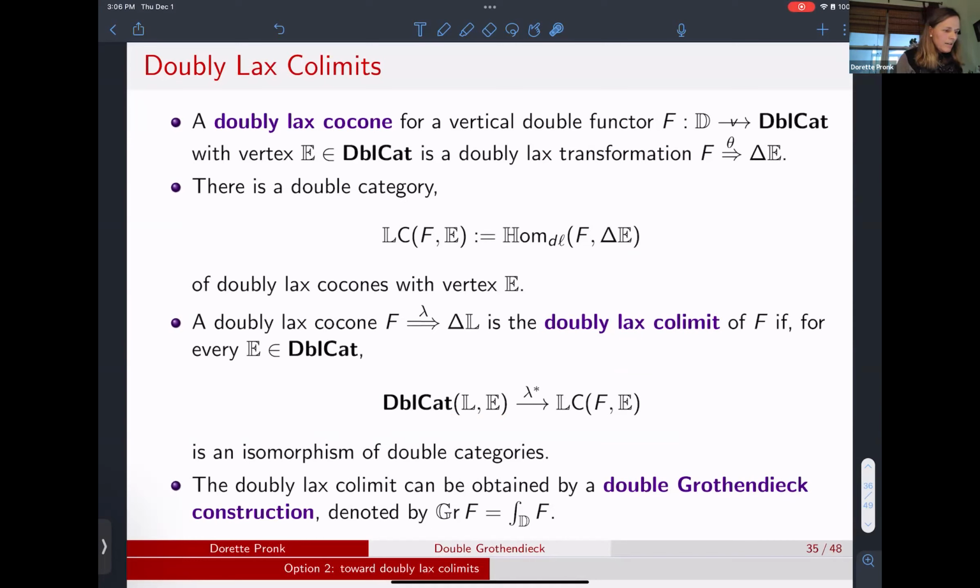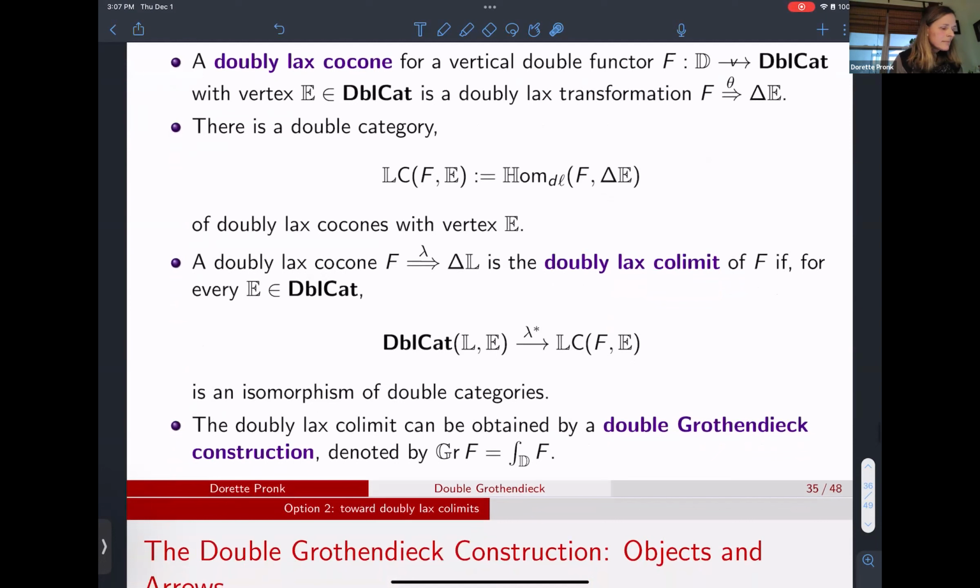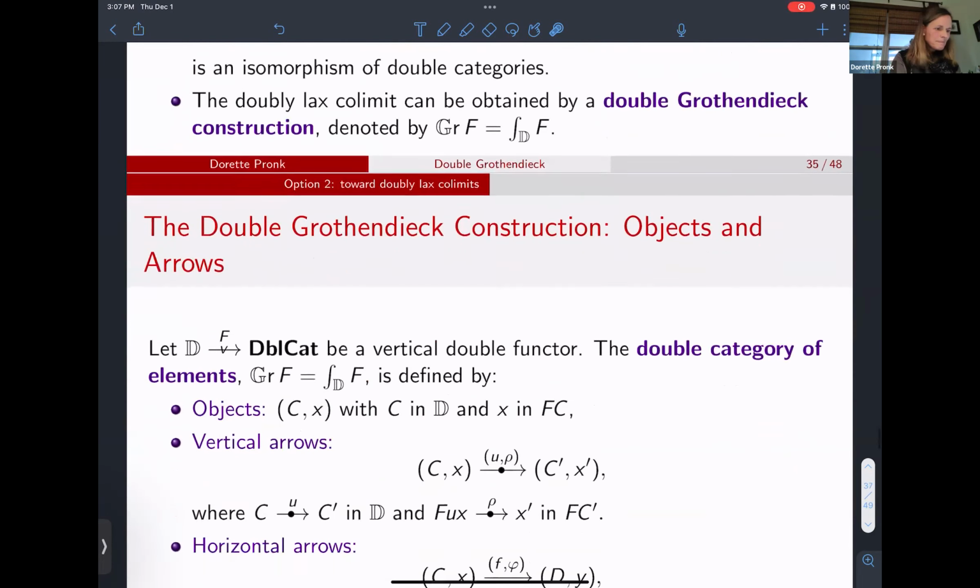And if we have an isomorphism between the HOM from L to E and the induced composed by lambda map into looking at the cones from F to E, sorry. And our claim is now that this doubly lax colimit can be obtained by a new double Grothendieck construction. And to indicate that this is a different one from the other one, I'll call this one GR, where the other one was called elements, just so that we keep the two separate for now.